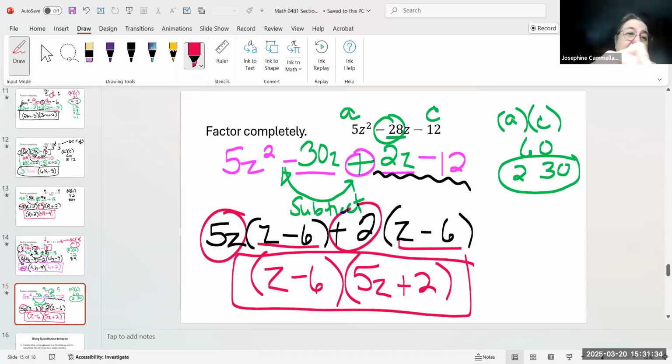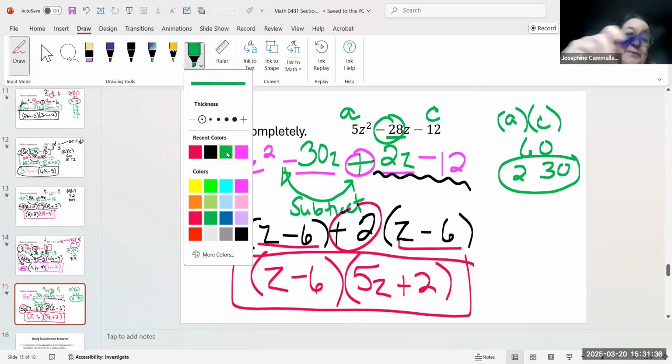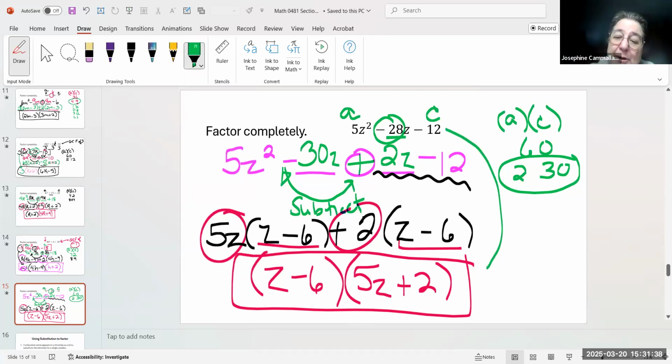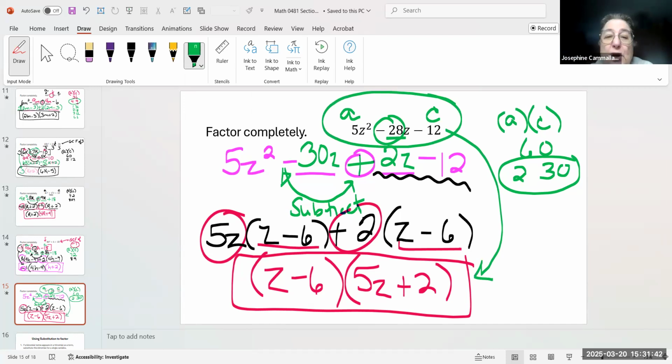Now, I know you're going to laugh at me, but you should be able, as time goes along, to look at this trinomial and immediately write the red box. You may say, well, how is that going to happen? Practice. And I'm going to advise you, if you are planning to take 482, you got to get good at factoring. Lots and lots of factoring.